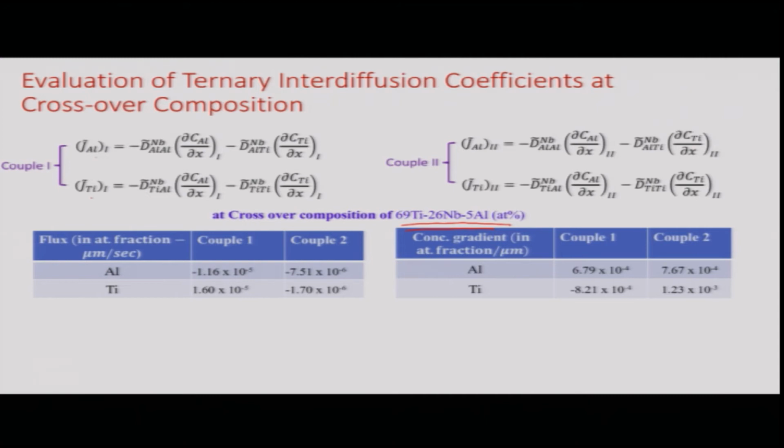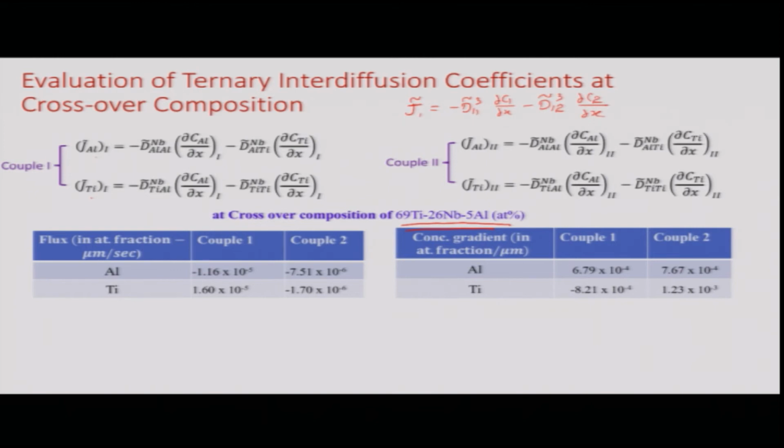So remember, when we write Fick's law equation, J1 tilde equal to minus D11 tilde 3 dou C1 by dou x minus D12 tilde 3 dou C2 by dou x.